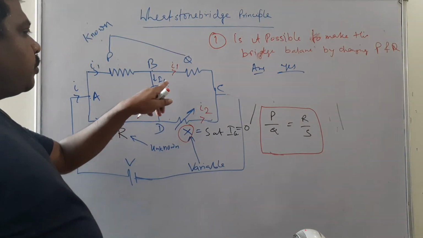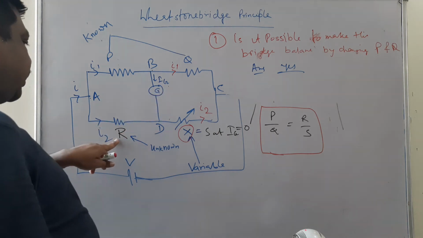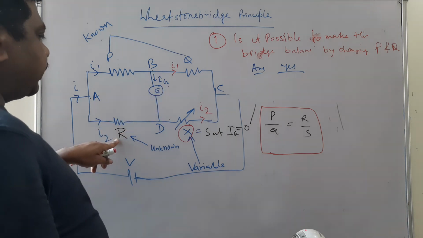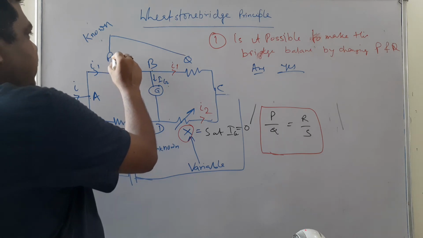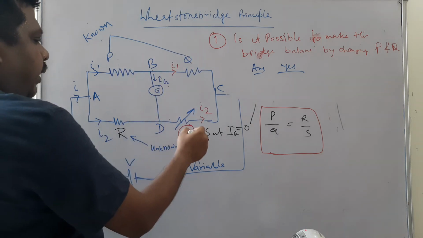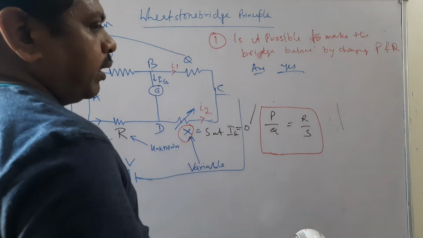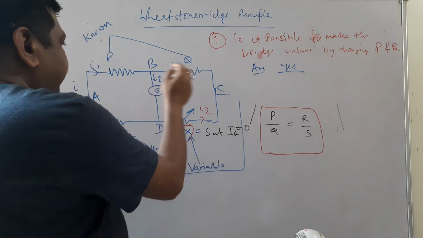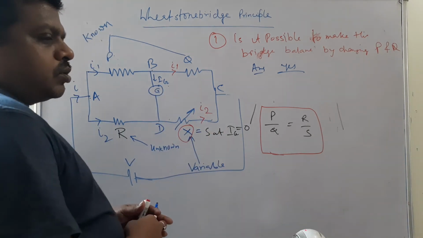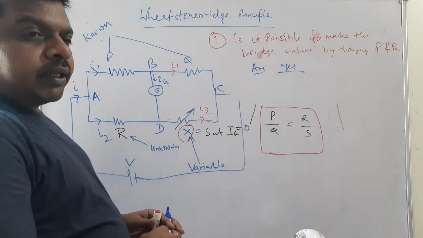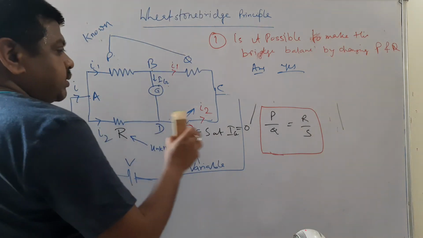The idea is you have to make this current Ig 0, and R is unknown. So that can be achieved by changing any of these resistances P, Q and X, either all three or any two or any one. Okay, so there can be some twist in the question in exams, so you need to understand this.